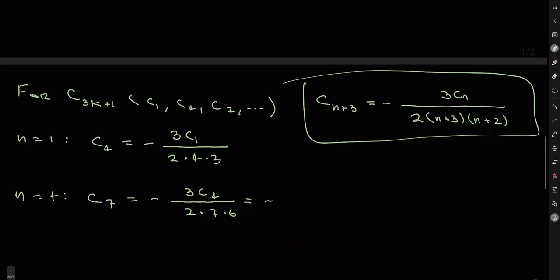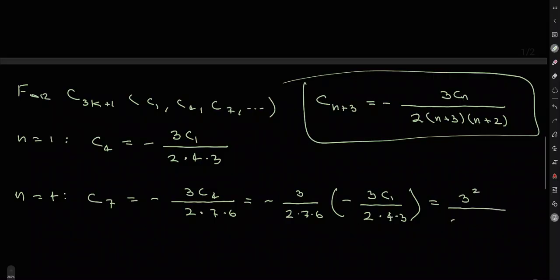So that is equal to 3 divided by 2 times 7 times 6, and that times negative 3 c sub 1 over 2 times 4 times 3, which reduces to negative times a negative. This is positive 3 squared divided by 2 squared times 7 times 6 times 4 times 3, and this is in terms of c sub 1.